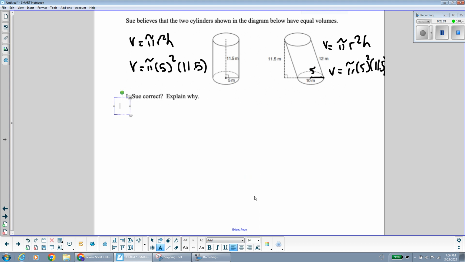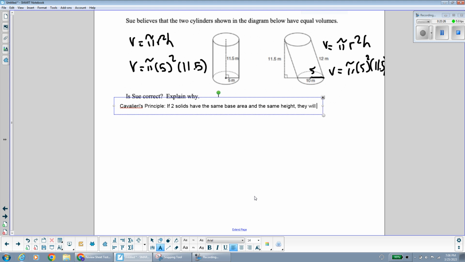What Cavalieri's principle says is that if two solids have the same base area and the same height, they will have the same volumes.